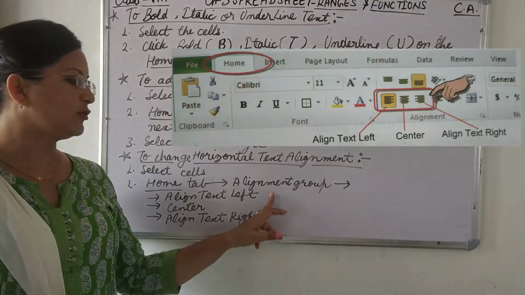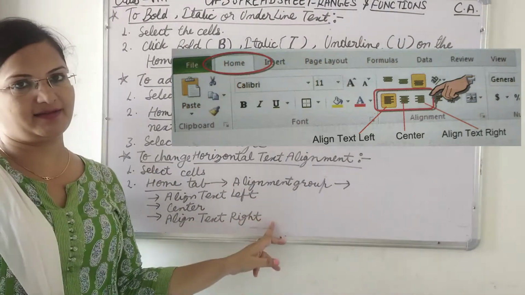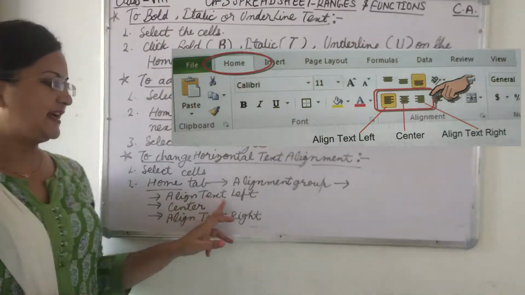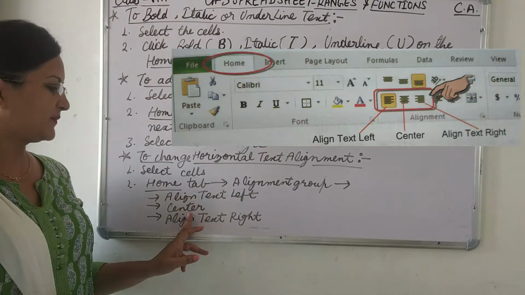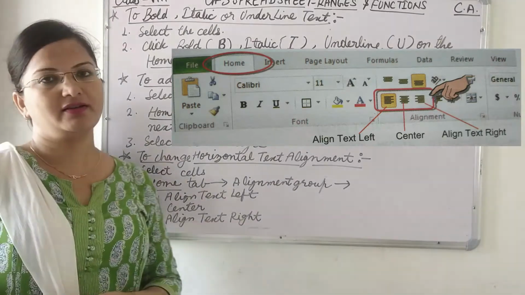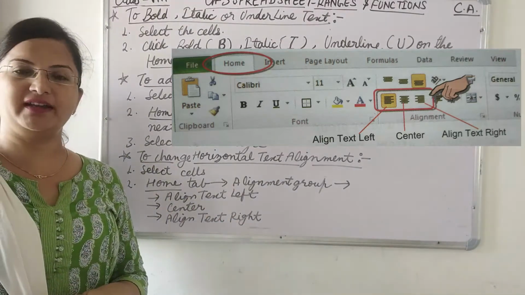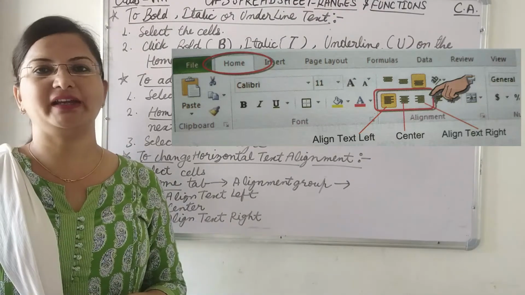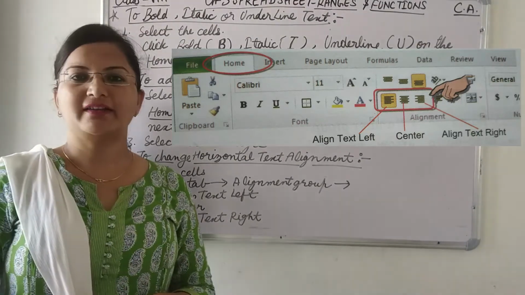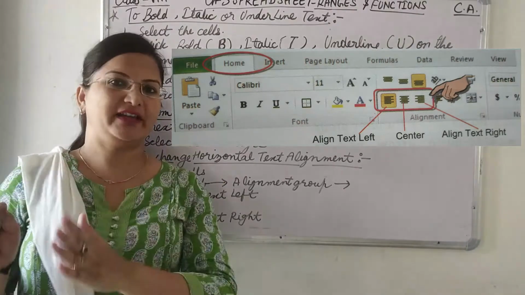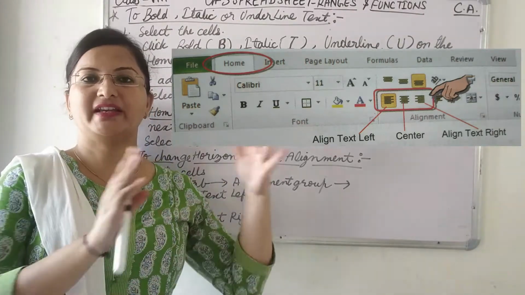In alignment group you will be able to see three icons: align text left, center and align text right. So you have to click on any one of the icons, and then the alignment will be applied. You might have seen that by default the text is always left aligned and numbers are always right aligned.